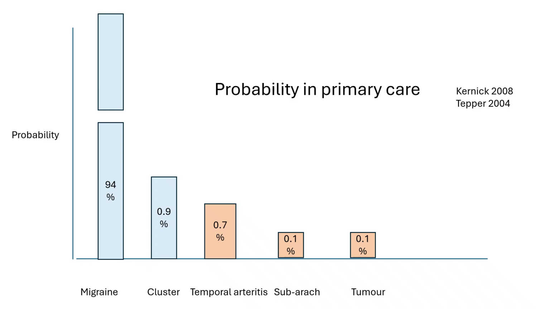And in fact, migraine is by far the most frequent presentation in all clinical settings: casualty, neurology, and primary care. Followed by cluster headache, and then the important secondary headaches, of which temporal arteritis is probably the most important one for us. We're always concerned about the underlying possibility of a tumour. The actual percentage is 0.09%, which is just under 1 in 1,000. So that gives you a feel of what sort of probabilities you are dealing with.